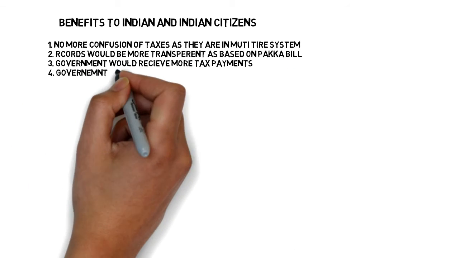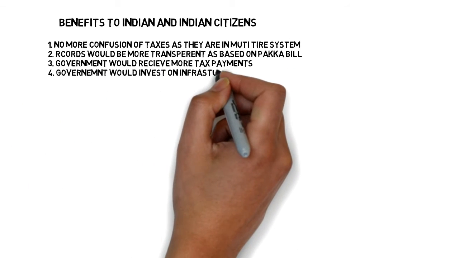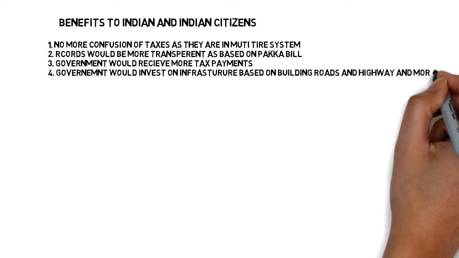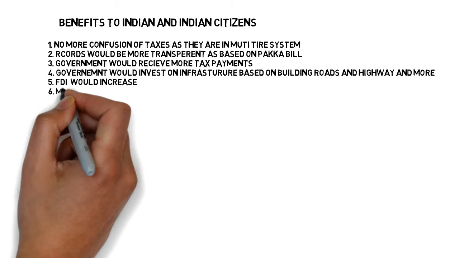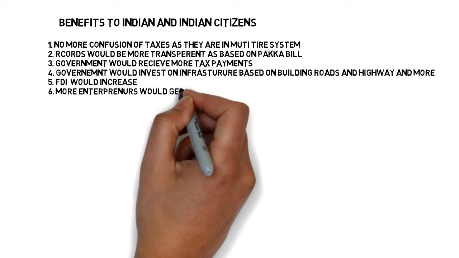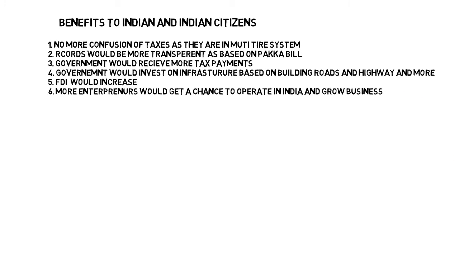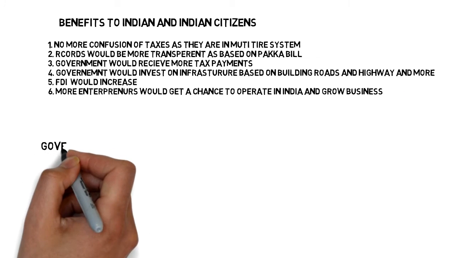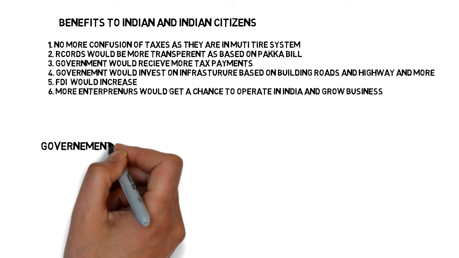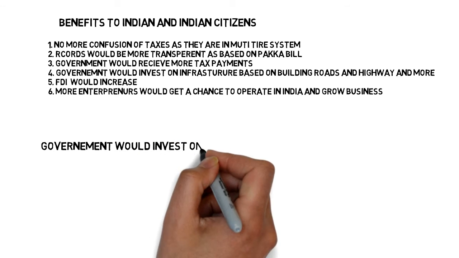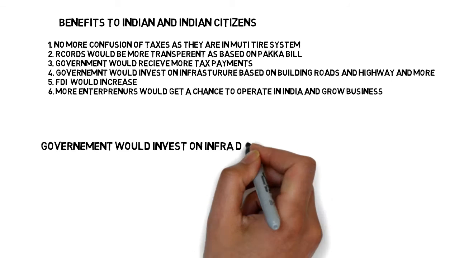The government would receive more taxes, which would help it invest in infrastructure, and highways would be built, and FDI, foreign direct investment, would increase. It would also increase for entrepreneurs. They would grow their business in India, because beforehand there were worries for entrepreneurs and investors who wanted to build factories.